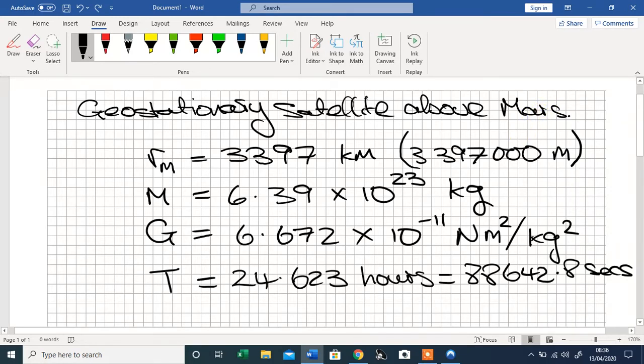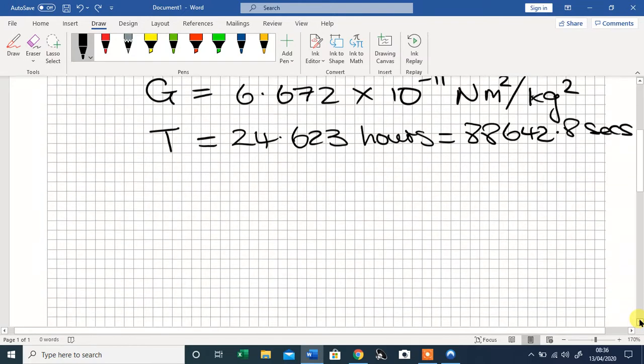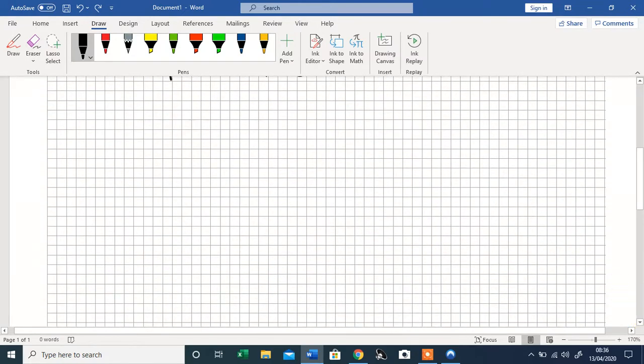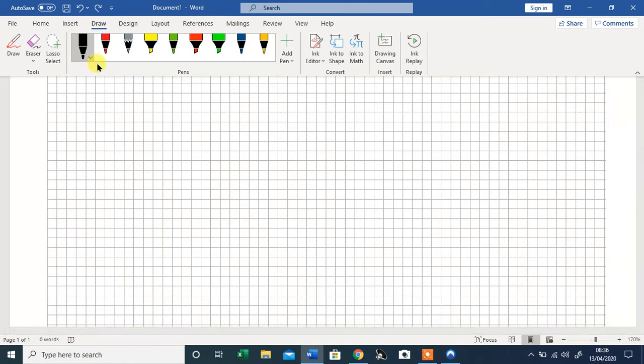Now, what we want to do, and I might have already alluded to this, is work out the radial distance from the centre of Mars that the satellite assumes. And also, we might want to work out what the radial distance is from the surface of Mars to the point that the geostationary satellite assumes. So let's make a start.